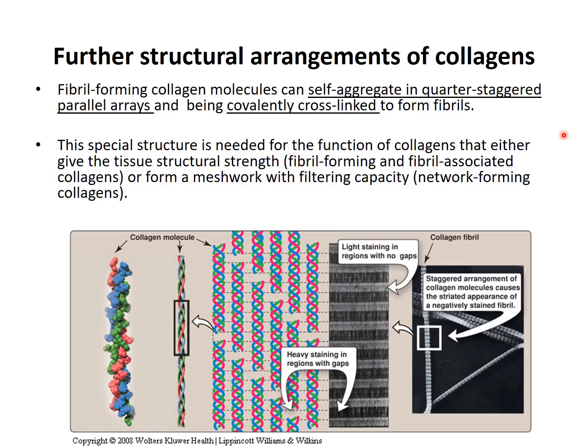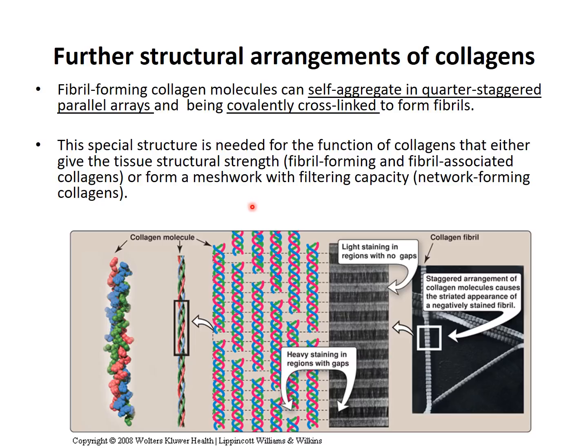Of course, one single triple helix actually never exists alone. What is very interesting about these collagen monomers or collagen triple helices is that they are formed intracellularly, but then released by the cell to the immediate extracellular matrix, and then they form a structure that we consider the final structural arrangement of the collagen in the matrix.